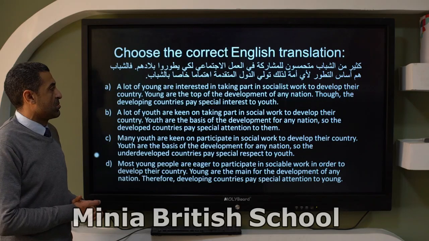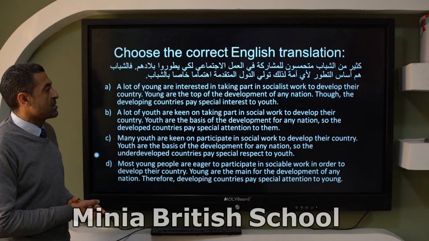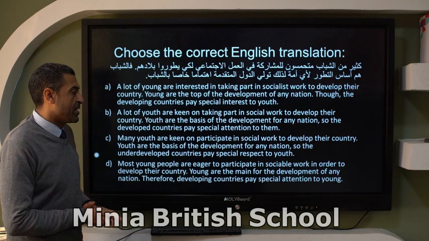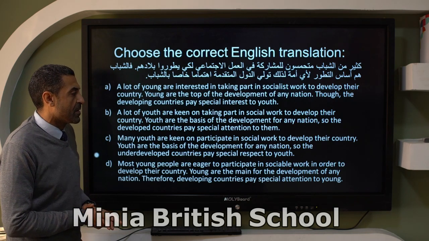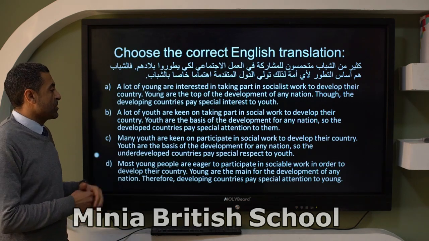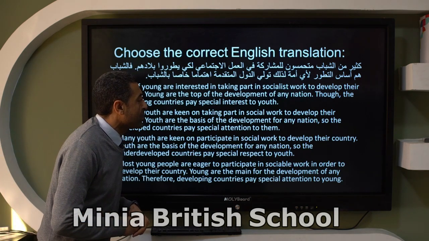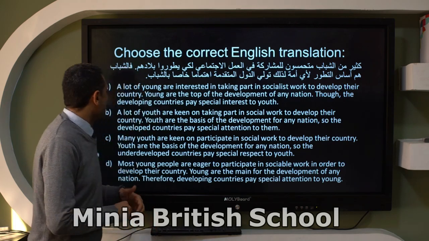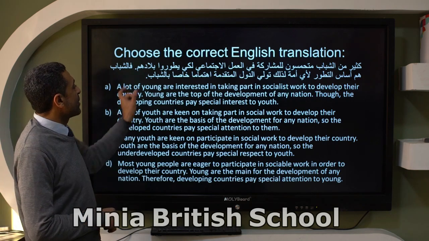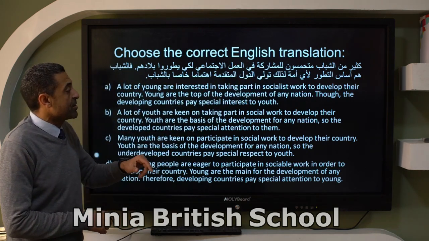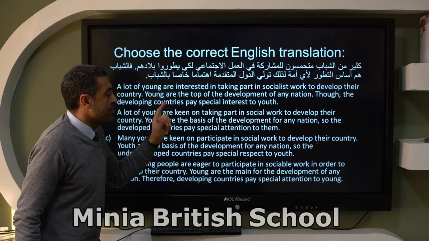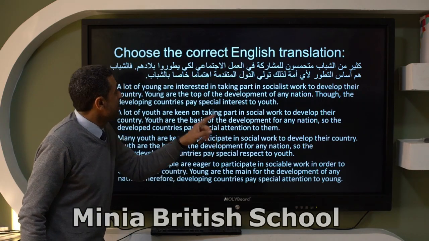Which sentence is correct? Is it "a lot of young are interested in taking part in socialist work to develop their country. Young are the top of the development of any nation, though the developing countries pay special interest to youth"? But here, is it "to pay special interest"? I don't think so. "A lot of youth are keen on taking part in social work to develop their country." Wow, so the first part is already the same here. "Youth are the basis of the development for any nation."